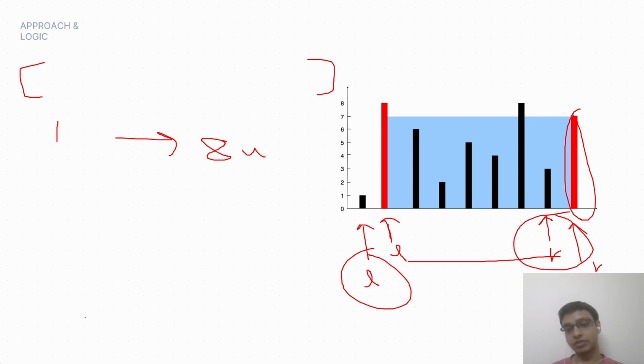We again calculate. So 1, 2, 3, 4, 5, 6. 6 into, this is a smaller height, which says 3. 6 into 3, it's 18. So the area is updated to 18. Then we will also update the height of R, which is on the smaller end.